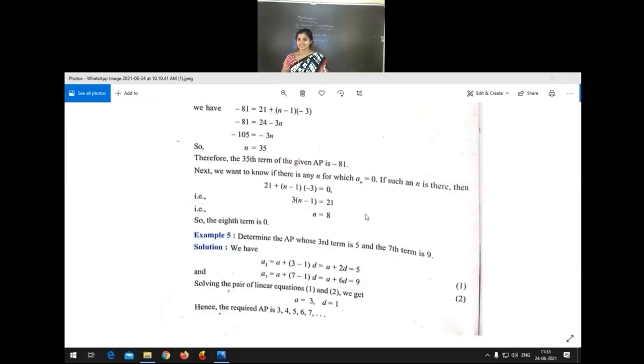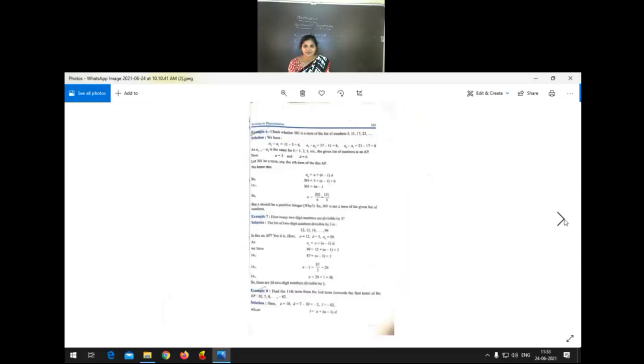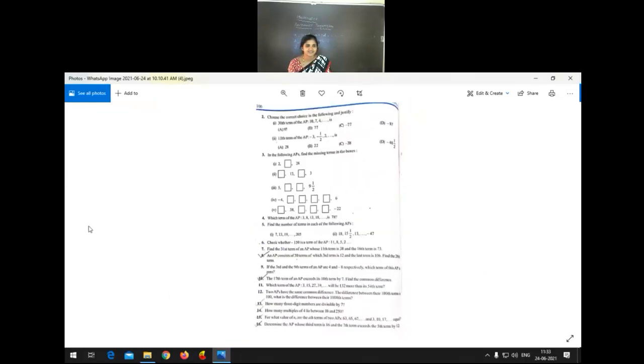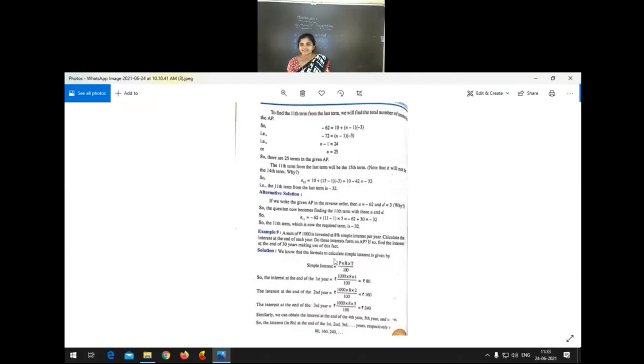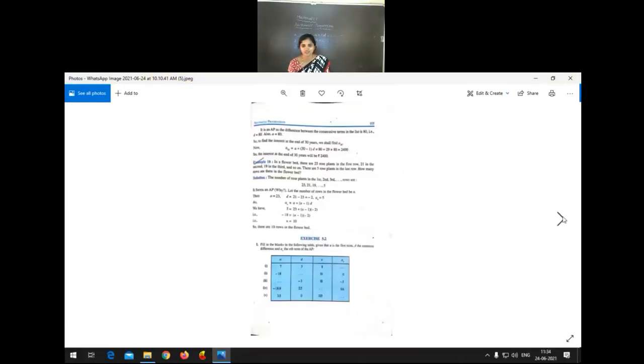So can we give the second exercise as today's homework? Yes? See here, we have the exercise photo also. This is the second exercise photo. After the class, I'll send this to your WhatsApp group.